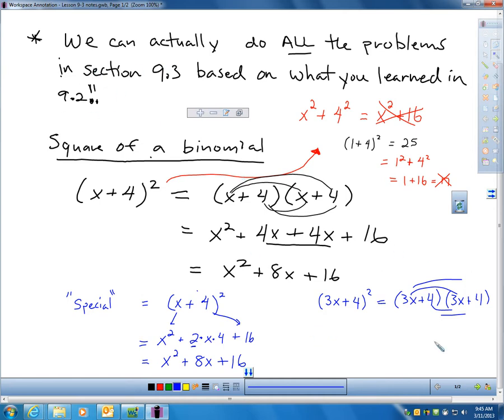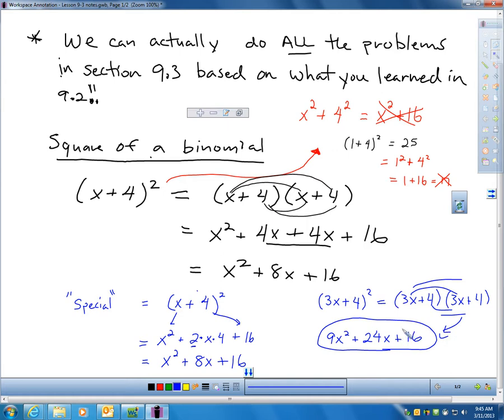But the shortcut would just be to say, okay, when I take 3x squared, I get 9x squared. If I take 3x times 4, that's 12x. If I double that, I get 24x. And if I take 4 squared, I get 16, and I'm telling you that's the correct answer in my shortcut. If I actually double distribute it out, I'll get the exact same answer.